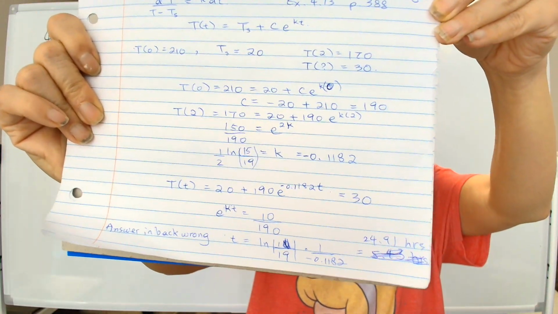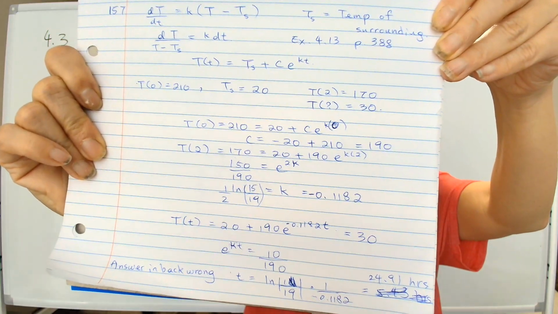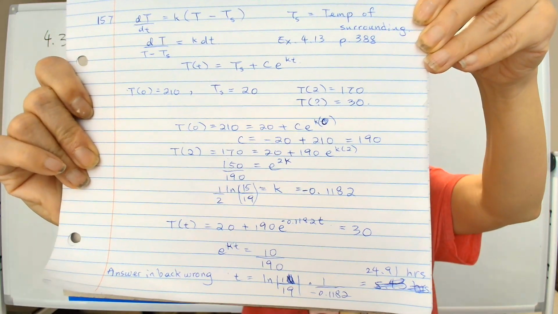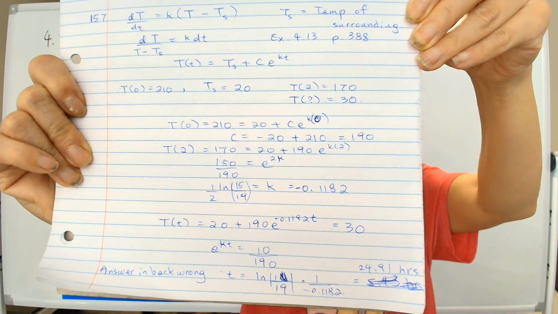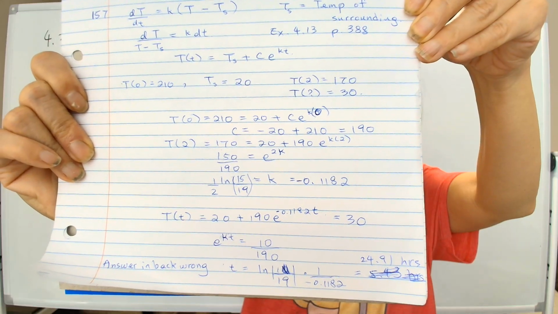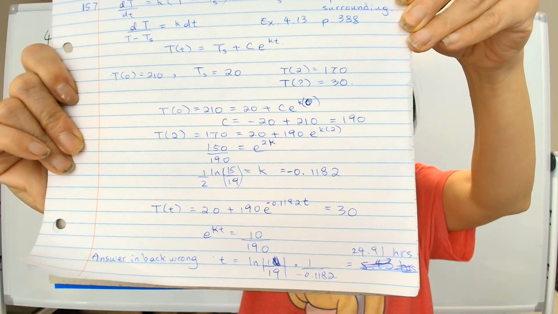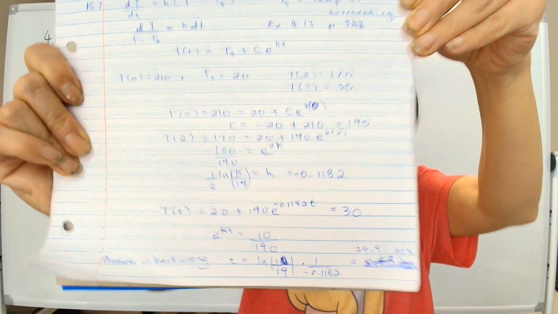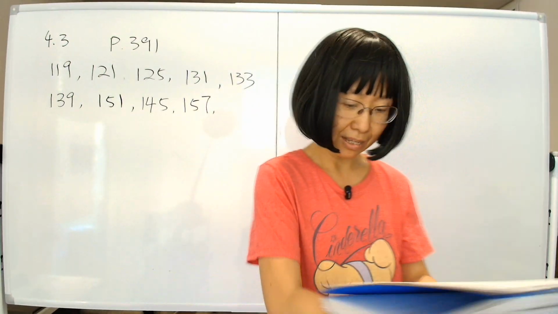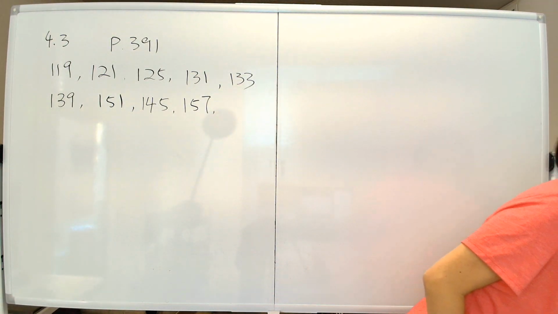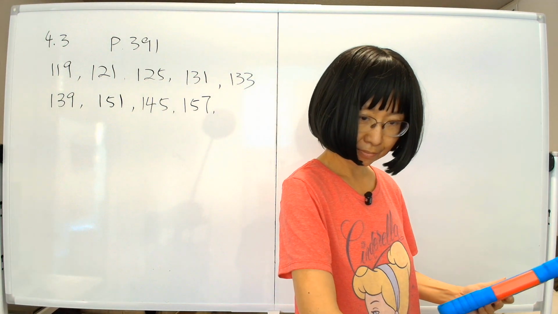But anyway, I looked over it several times. I can't see anything wrong with what I wrote. So I did the algebra, and then eventually came up with an answer, which is 24 hours. And I can't seem to find what's wrong with what I wrote.